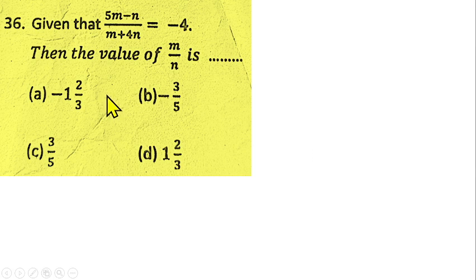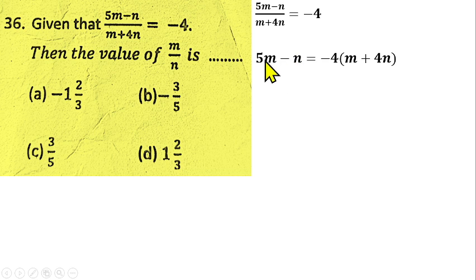Question number 36 is from algebraic fraction. So you are given that 5m minus n over m plus 4n is equal to minus 4. We have to find the value of m over n. So it's very simple. From there we can cross multiply. We have 5m minus n equals minus 4 into m plus 4n.